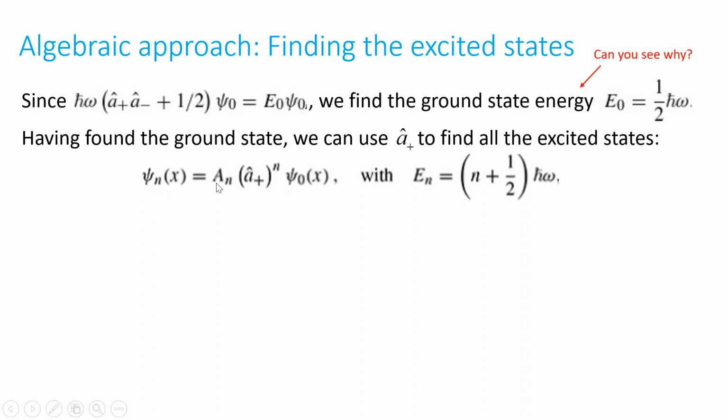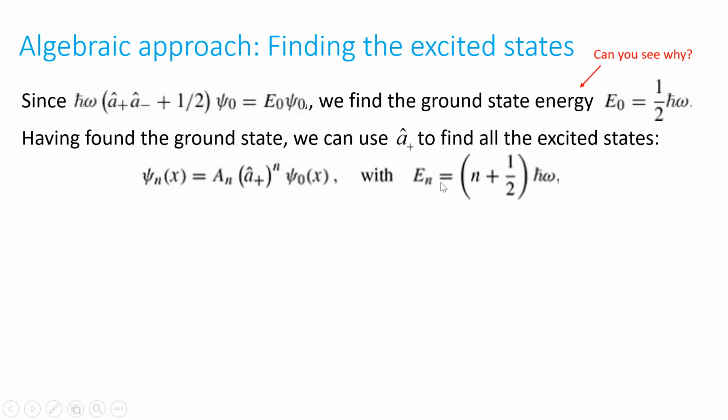But there's a normalization factor. Even if we start out with psi 0 normalized, we may have to multiply what we get by some factor to make sure that the psi n we get is actually normalized. We'll talk about that in just a second.